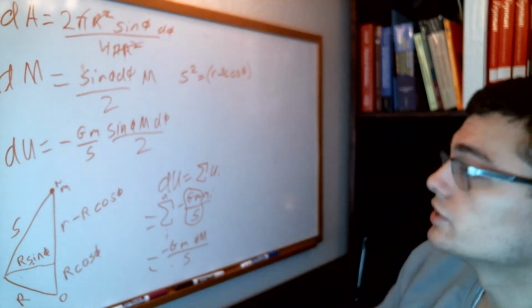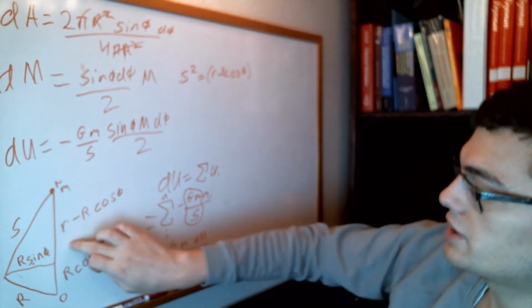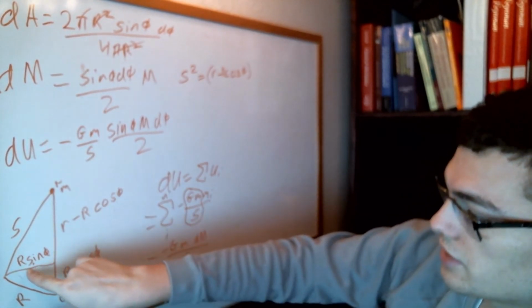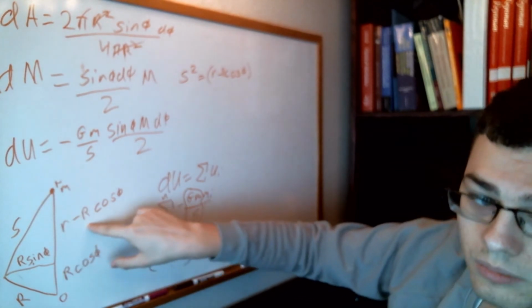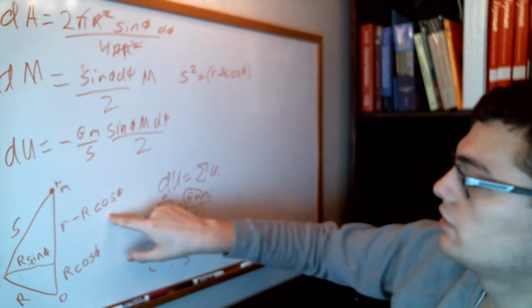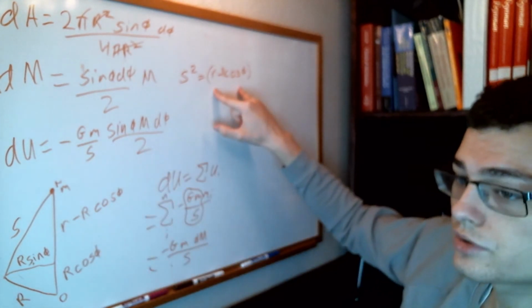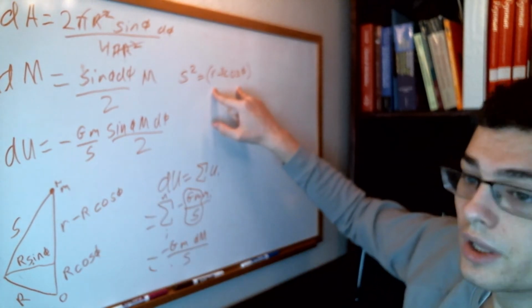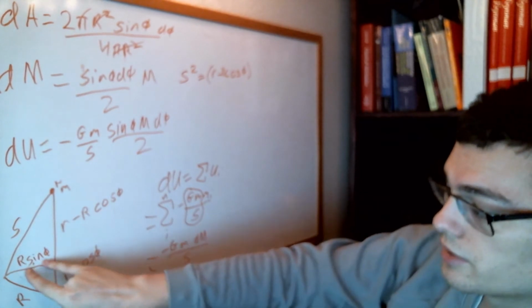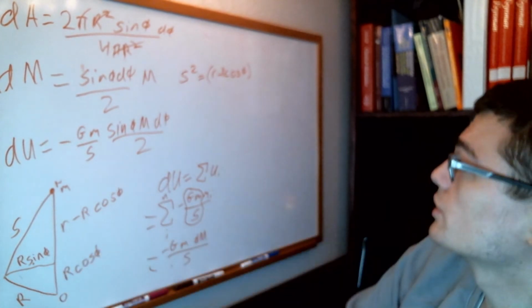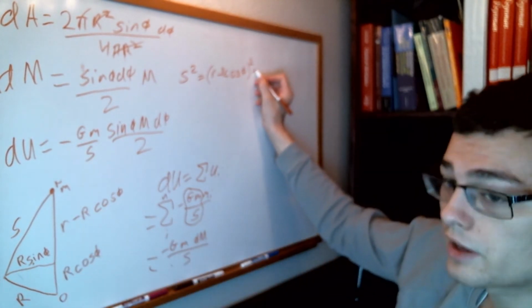It's a little hard to see. So we're taking it from here, and we see that this is R sine phi and r minus R cosine phi. And so this is going to be our first term that's going to be squared, and then this term here is going to be our second term that's going to be squared, by using the Pythagorean theorem.